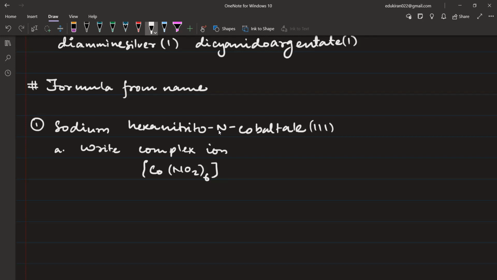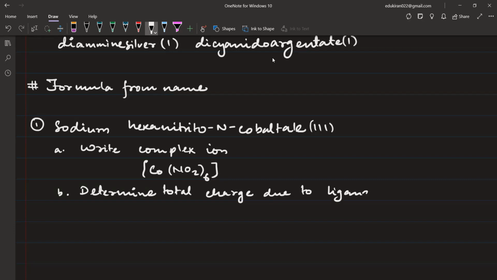Okay. So what is the charge on nitrito? Tell me. -1, right? 6 is there, so it will be -6 in total. Determine total charge due to ligands. So due to ligands, the total charge is equal to -6. Cobalt is taking care of how much charge?